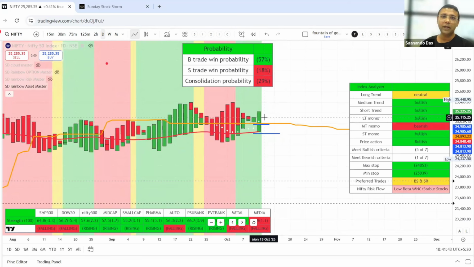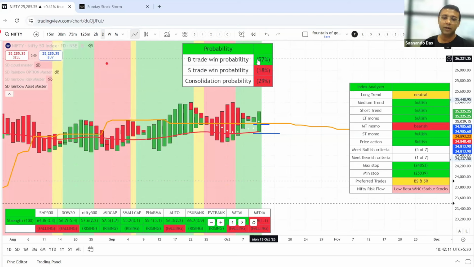So even if we get a down move in the early part of the week, say Monday, Tuesday, there is strong support for Nifty and it may try to stage a comeback. At this point, I have not turned very bearish or even slightly bearish. I'm looking for more range-bound or bullish price action.